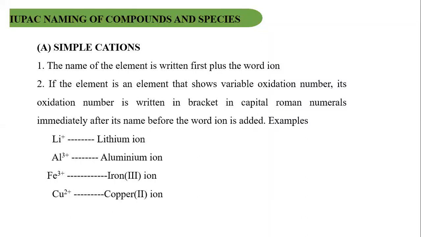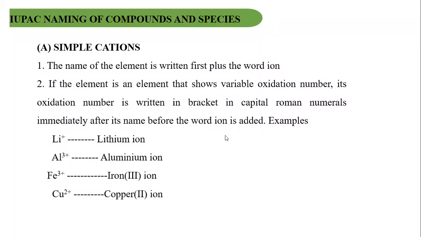Your job is to look at those elements and familiarize yourself with them, so that anytime, anywhere you see those elements, you know that this is part of the group of elements that show variable oxidation state. So the way you approach their naming must be different.